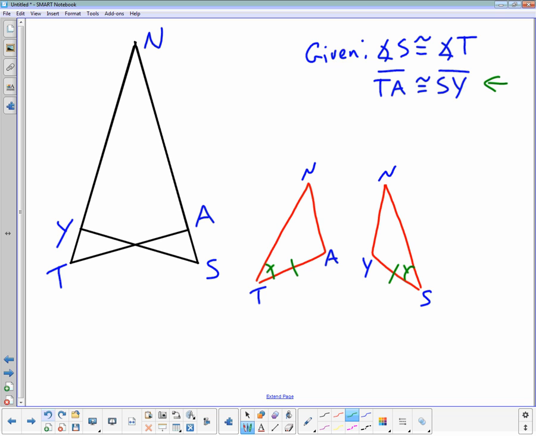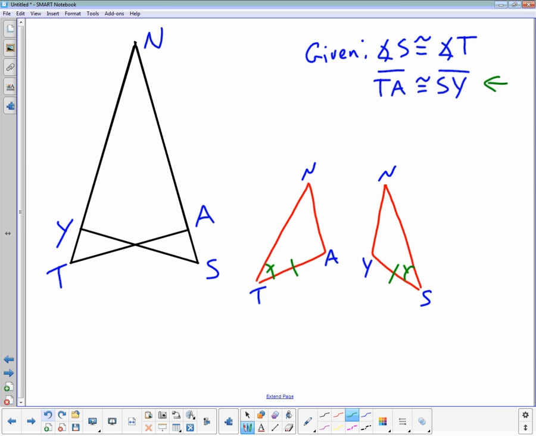Why is it congruent? Because they overlap each other. And if it's the same part used in both triangles, it's congruent to itself, isn't it? I mean, I am congruent to me, right? But I am myself.